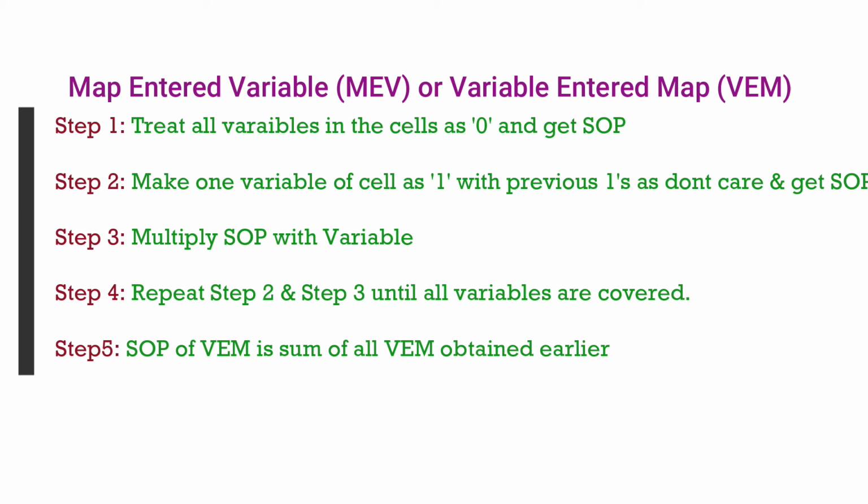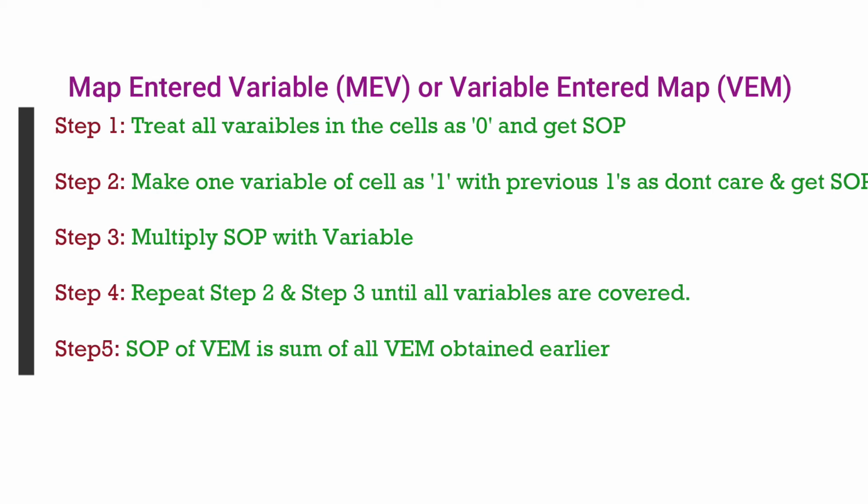Understand these steps; later, when we apply them in simplifying the function using MEV, you will be very clear. Make one variable of the cells as 1 with previous ones as don't care and then get the SOP of that.